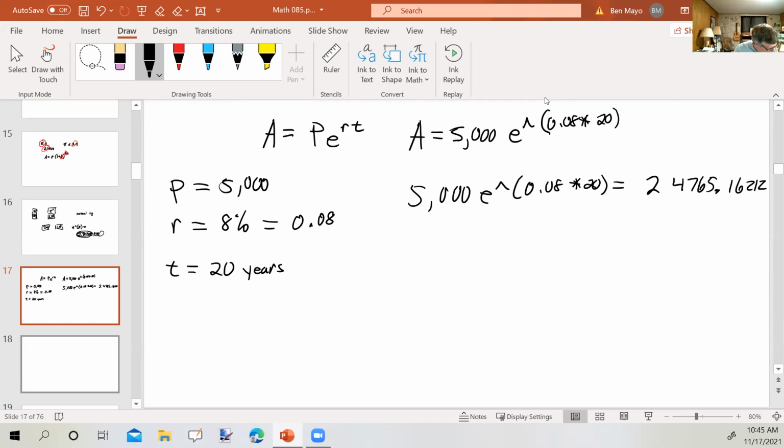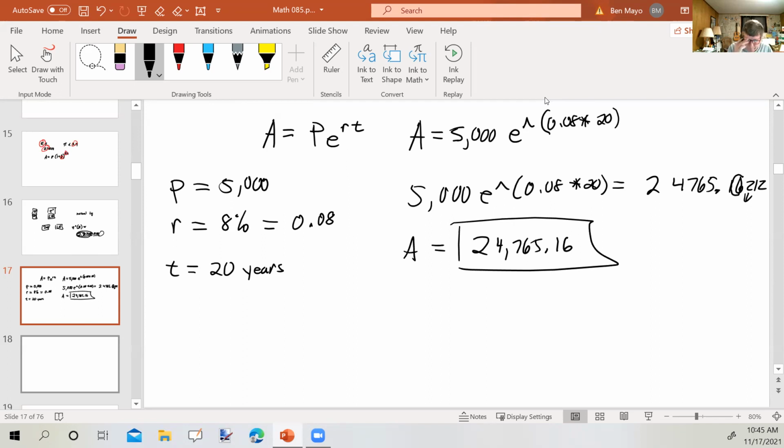And it said round to the nearest hundredth, which would be here. The 2 would round down. So 24,765.16. Any questions about that example?